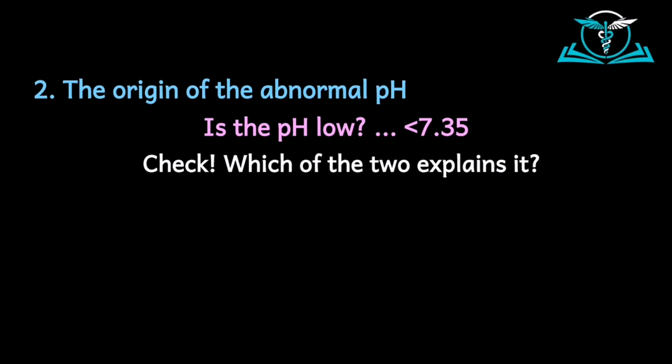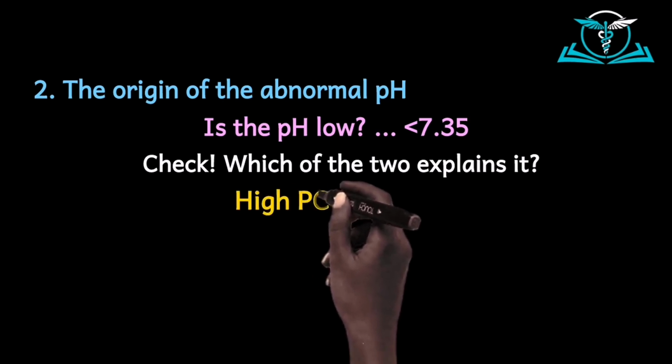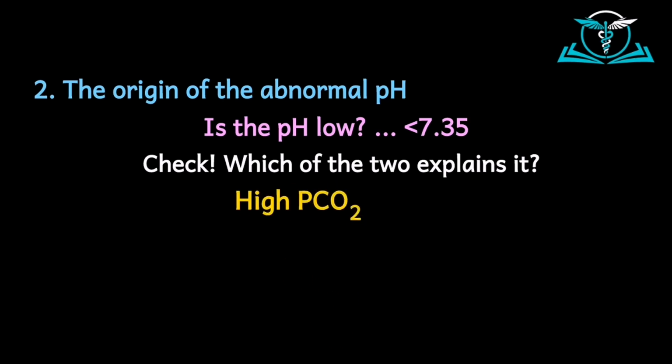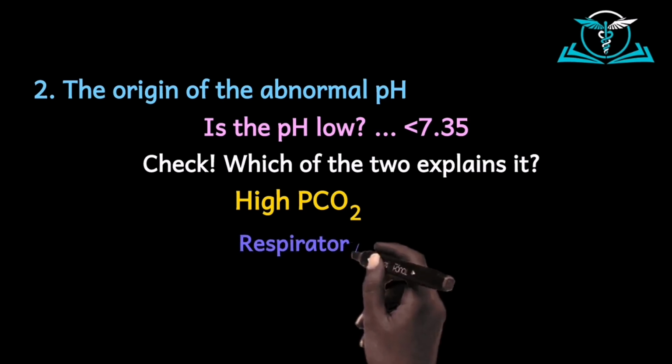Now, remember that carbon dioxide is an acidic gas, and so it can only explain a low pH, that is an acidic pH, when its level is high. And so for this patient who has a low pH, when you check and the carbon dioxide level is high, then it's likely that the respiratory component is the one explaining why there is acidosis or acidemia. And so this acidemia is of respiratory origin.